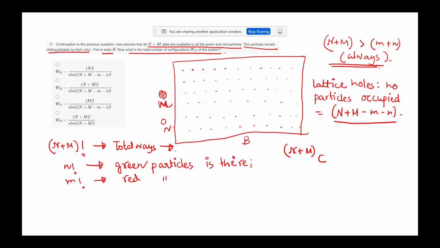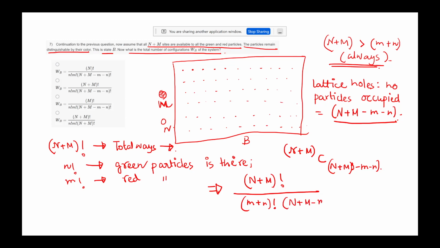So that will give you N plus M factorial divided by m plus n factorial times N plus M minus m minus n factorial.